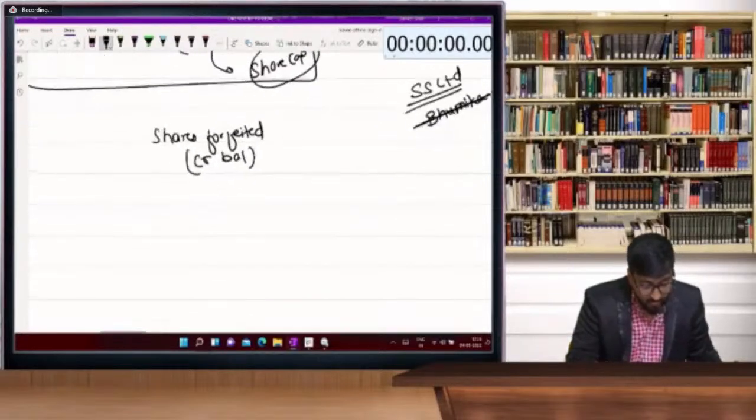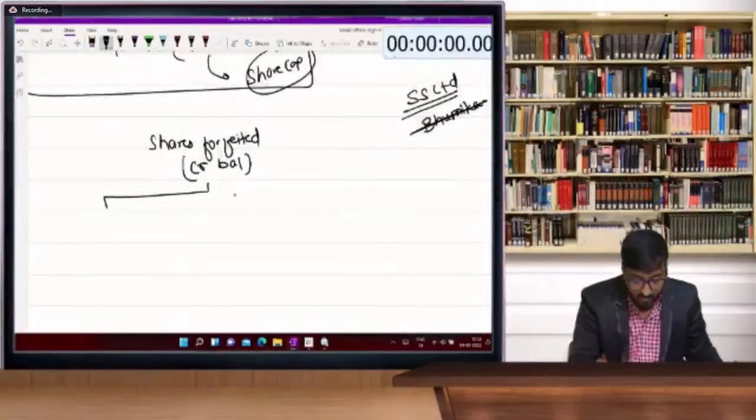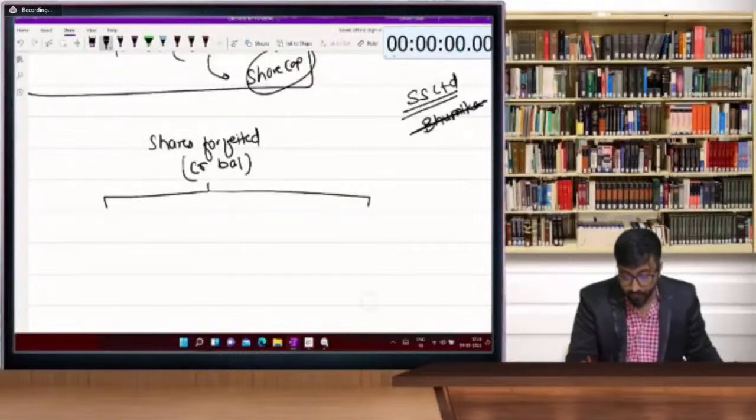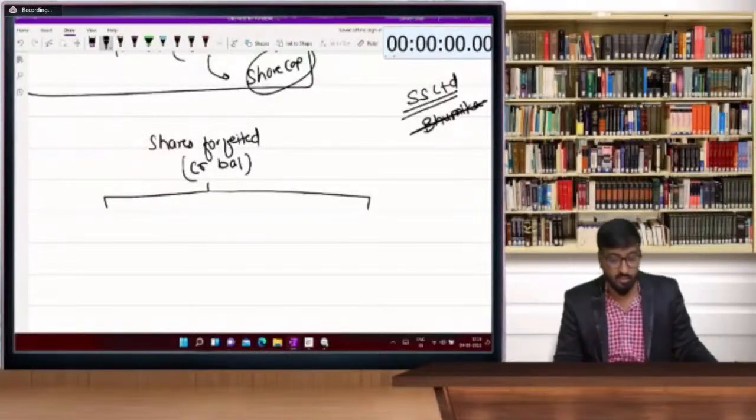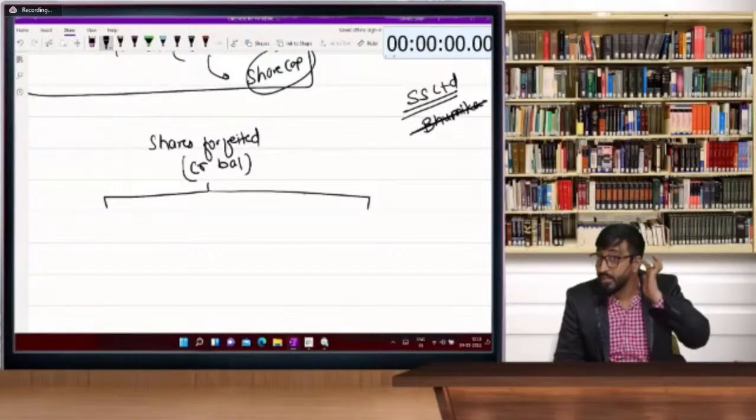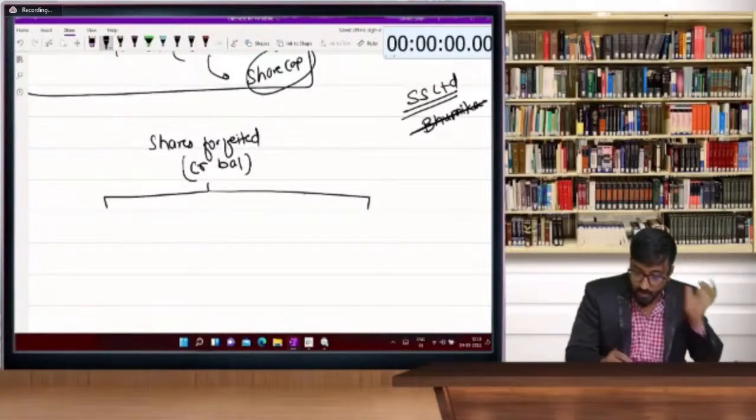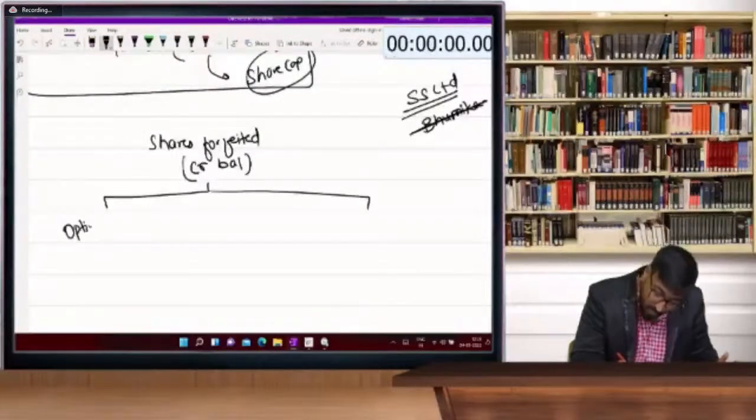अंकित प्रसाद, मैं सीन कर पा रहा हूं आपके आंसर्स. So now please focus now. Shares forfeited credit balance. Okay. Now what to do with this shares forfeited? Now you have option number 1, cancel it.